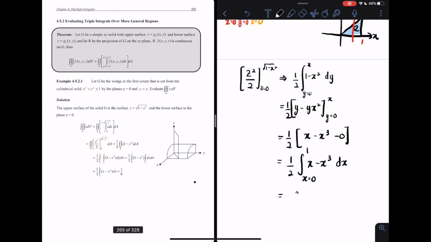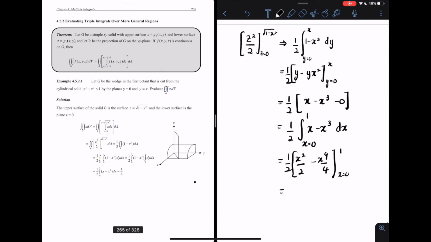From here I will get x squared over 2 minus x to the fourth over 4, times 1 over 2, then evaluate from x equal to 0 until 1. So I will get 1 over 2 times 1 over 2 minus 1 over 4. So my final answer will be 1 over 8.